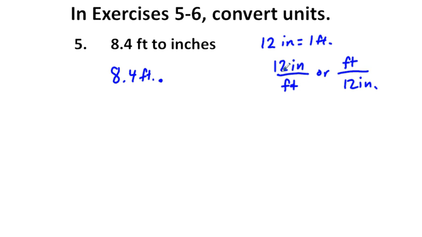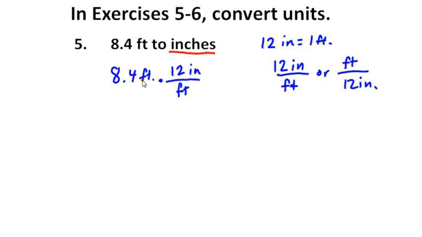To convert to inches, we have to multiply by the ratio that is going to cancel out these feet. And how is that going to happen? It's only if we have our feet here in the denominator to cancel out this foot next to this 8.4 in the numerator. So the ratio we multiply by is 12 inches per foot. We can tell if we got this right if the units cancel out to leave inches by themselves.